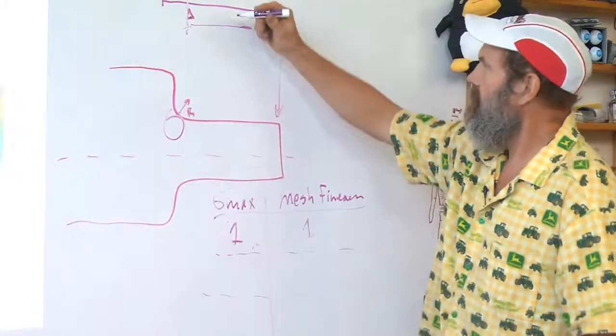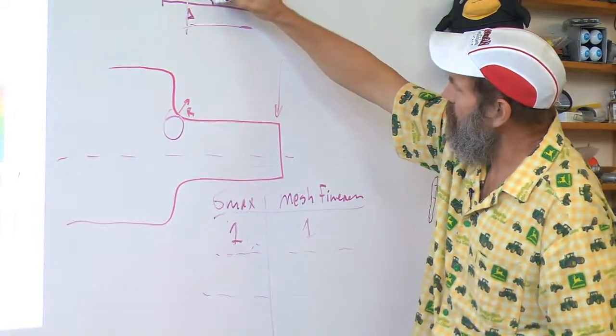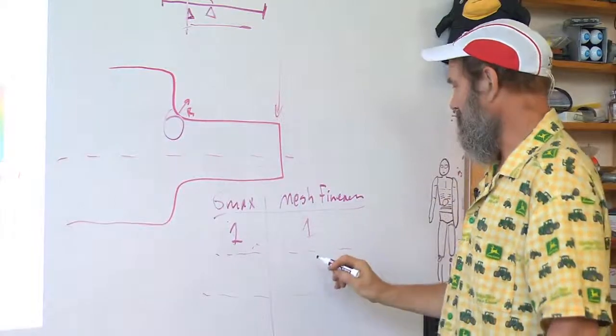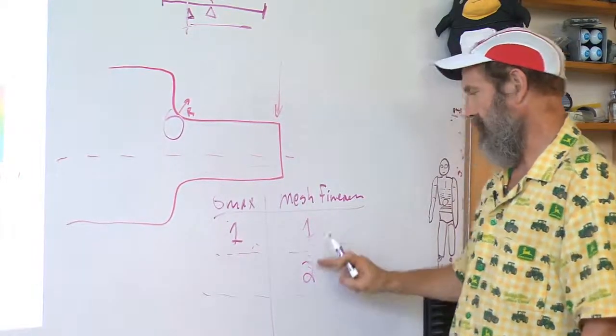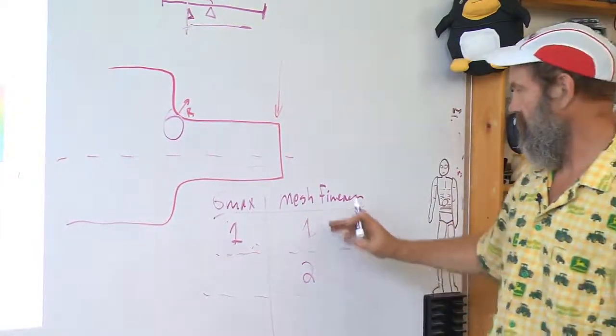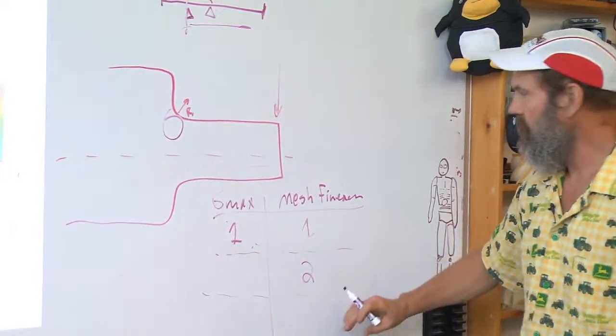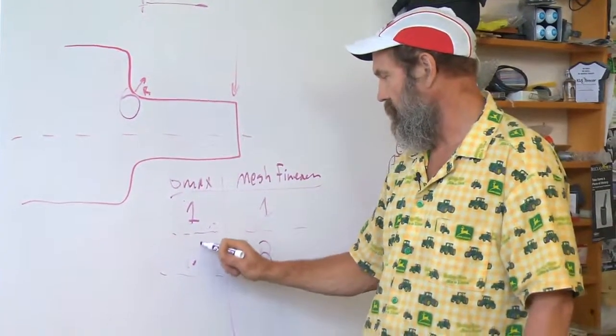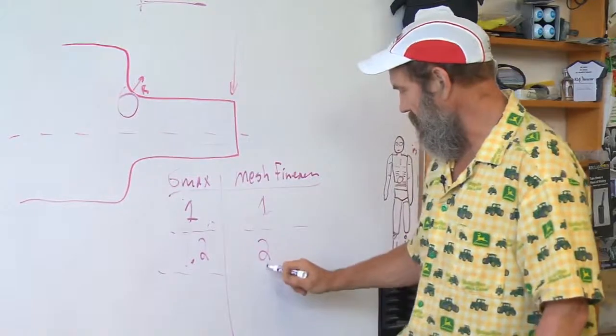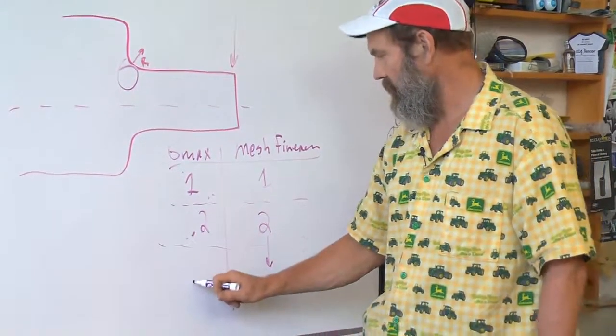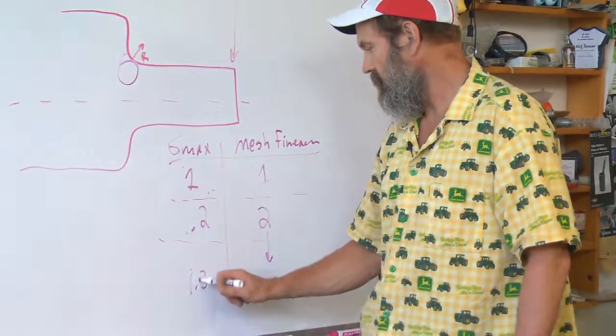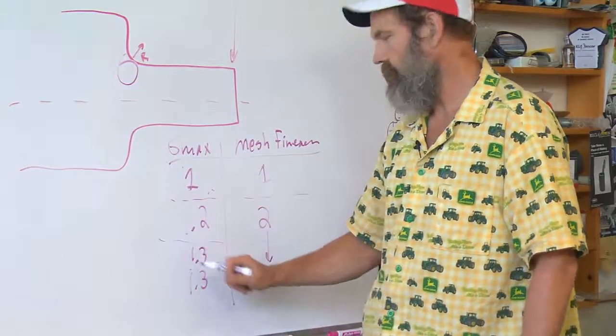And now I'm going to move over to make the mesh fineness 2. These aren't real numbers that mean anything, just that it's getting a finer and finer mesh. And the stress goes to 1.2. And you'll keep making the mesh finer and finer until the stress stabilizes at some value.